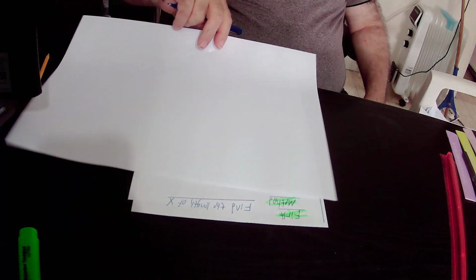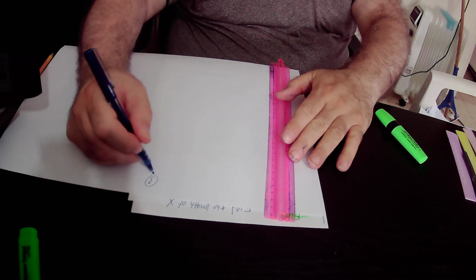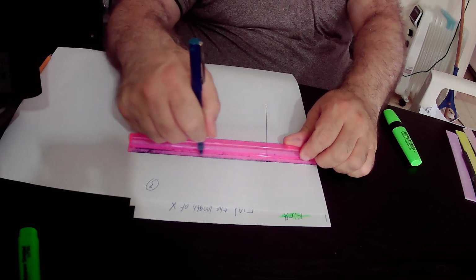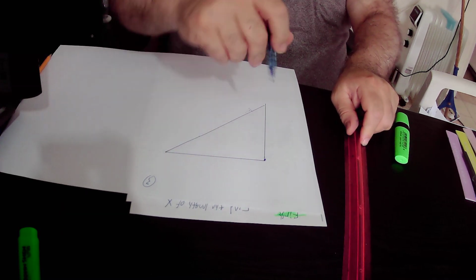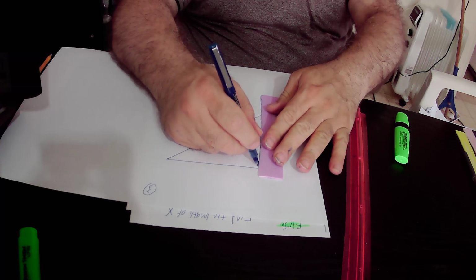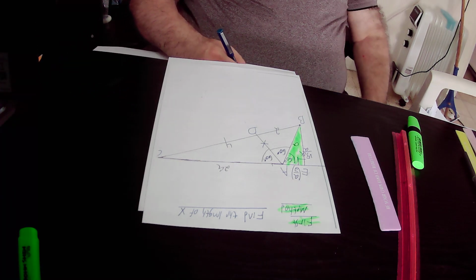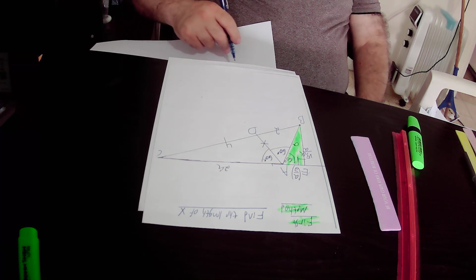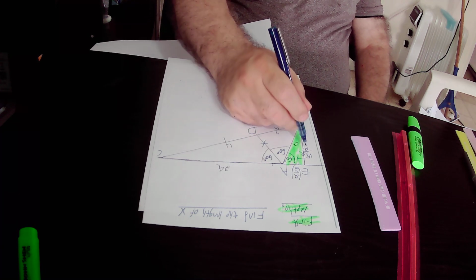Here, on the right triangle BEC, we have found out that BE equals square root of 3 over 2 times A.